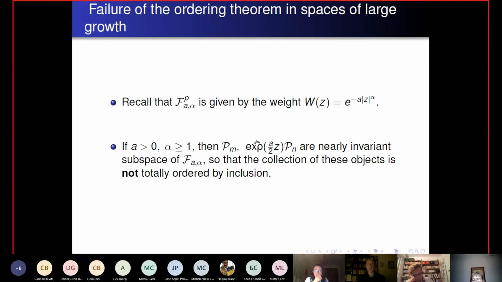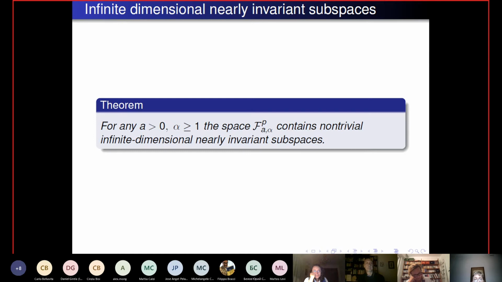These are finite dimensional, right? And there's no way to order them. They cannot be totally ordered. So this means the theorem cannot be true. But then, of course, the natural question is, can we find infinite dimensional spaces? But this requires work. It requires work. And this is not for free.